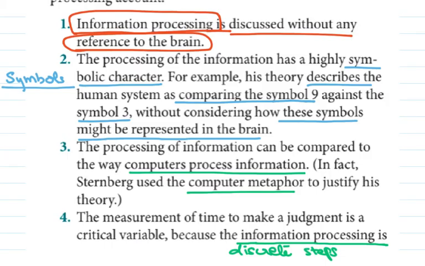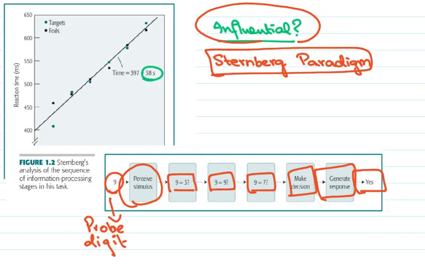So the measurement of time is also something that is a very critical variable here, right? But all of these different points really bring you to how the Sternberg paradigm was extremely influential, because it was providing a new way to think about cognition and a new way to analyze cognition, really.